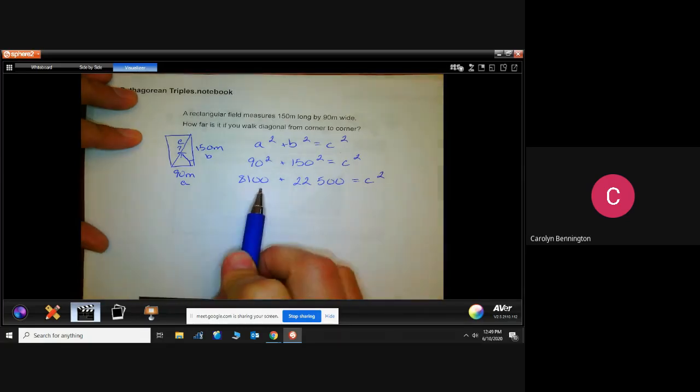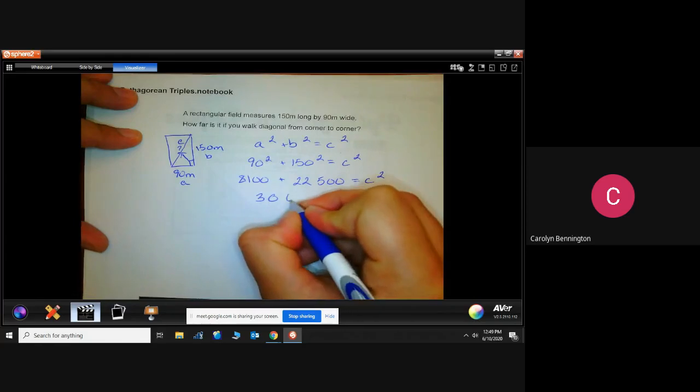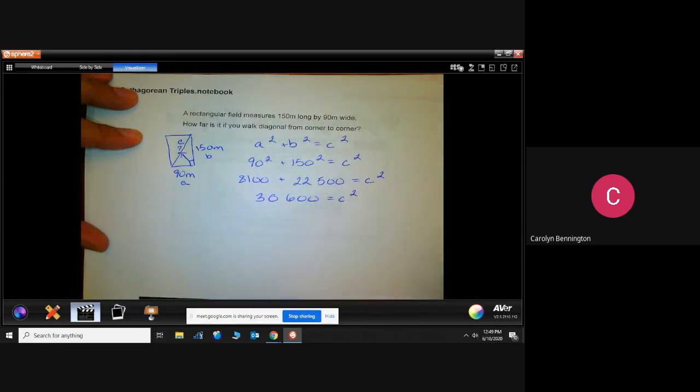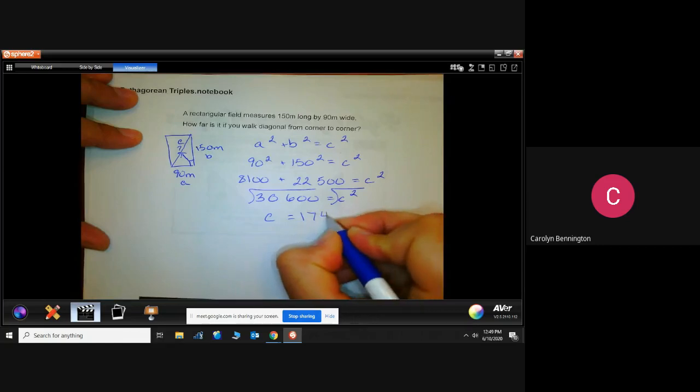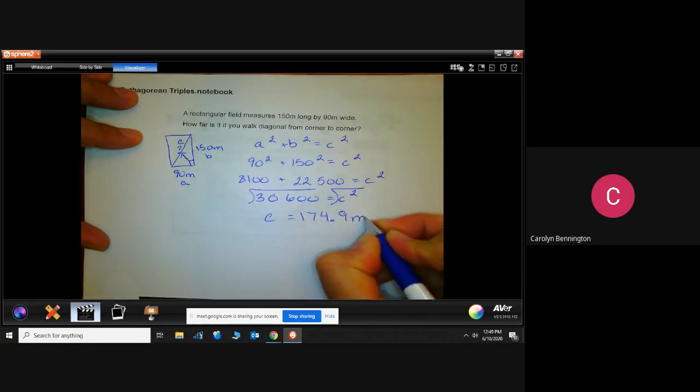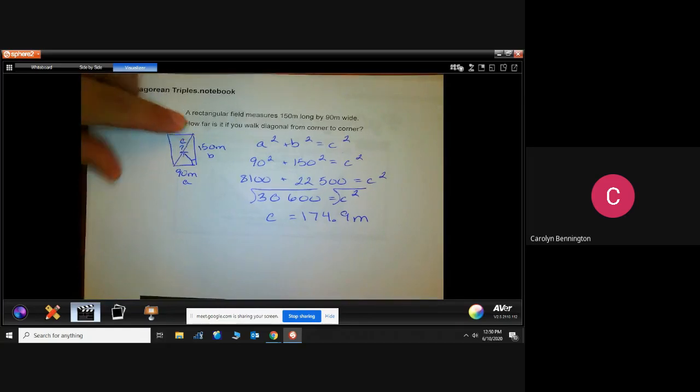Then we're going to add our two values together, and we will get 30,600 equals C squared. We're going to square root both sides, so C equals 174.9 meters, and that would be the distance from one corner to the other corner diagonally across the field.